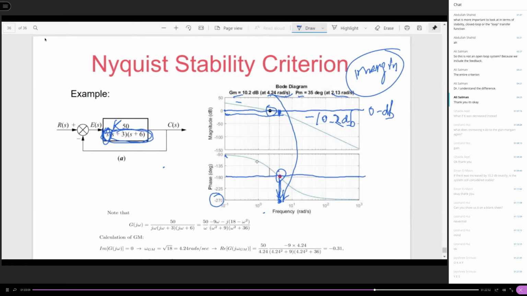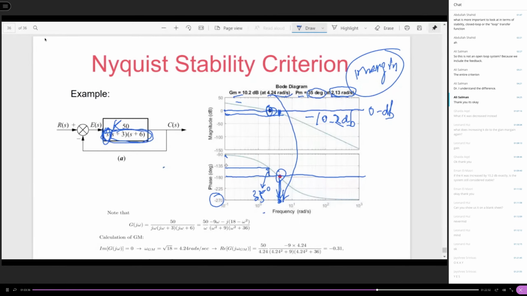On the phase plot corresponding to this one, this crossover frequency is equal to 2.13 rad/s. You can calculate its phase right now here. The phase margin is 35 degrees, which means that this is going to be 35 degrees.